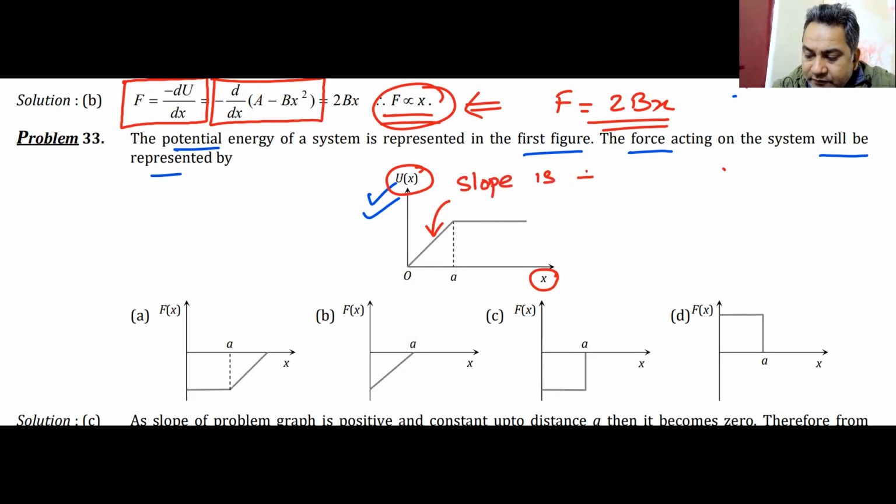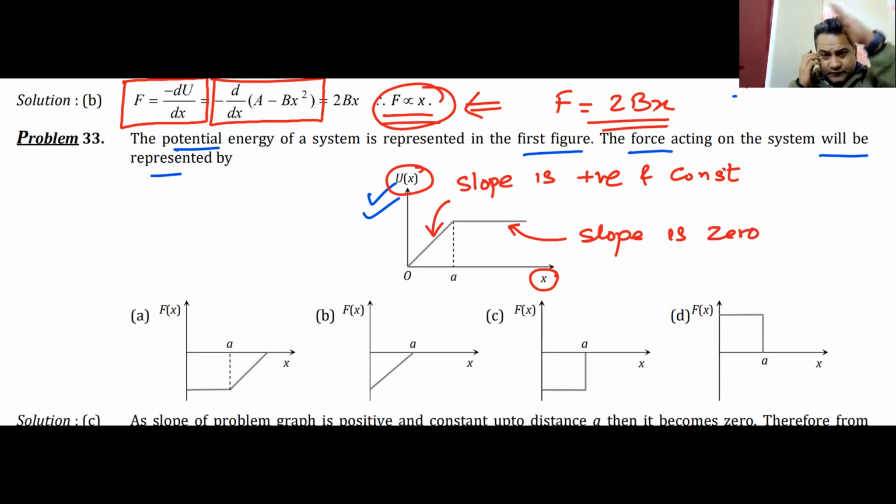Slope is positive and constant. This one, slope is positive and constant. Here in this case, the slope is 0. So you have a positive slope first, then a 0 slope.